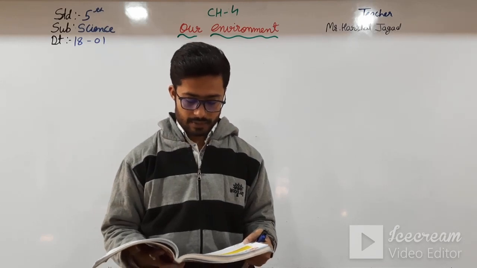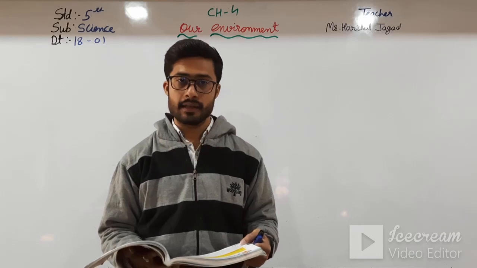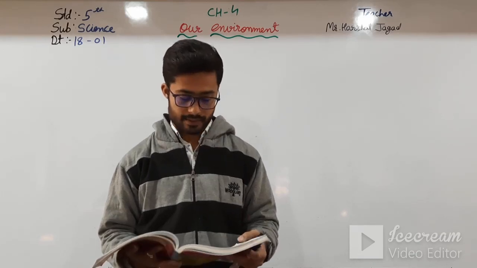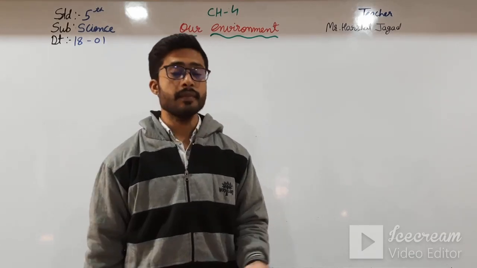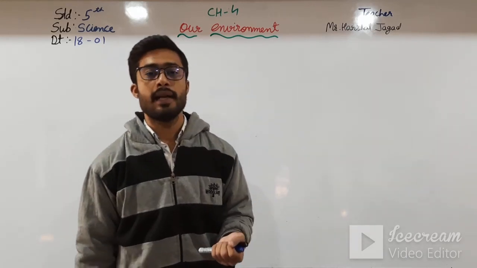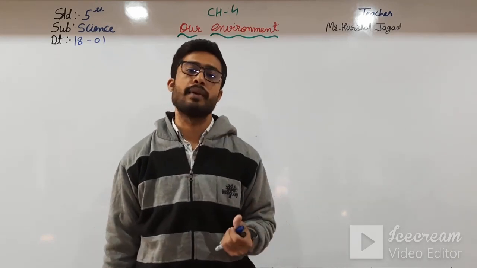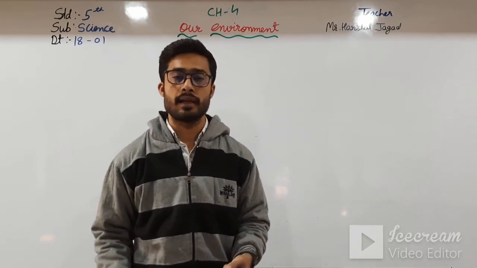Our environment also includes the land where we live, our water resources, and the air we breathe. Here, in this we have seen about the non-living components, living components, and what environment means: the air and the water which surround us. This is also our environment.